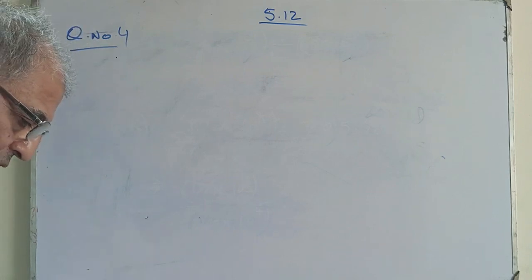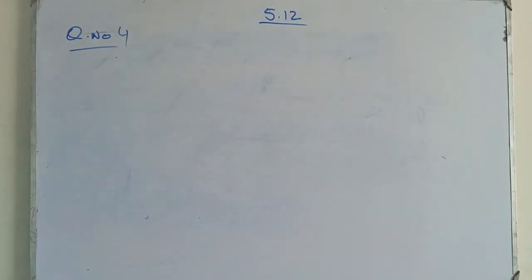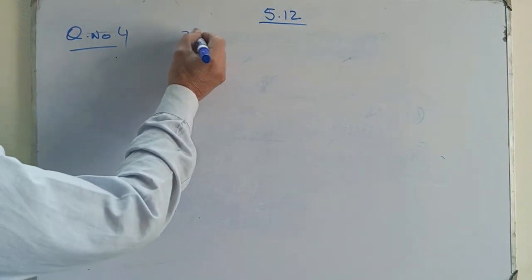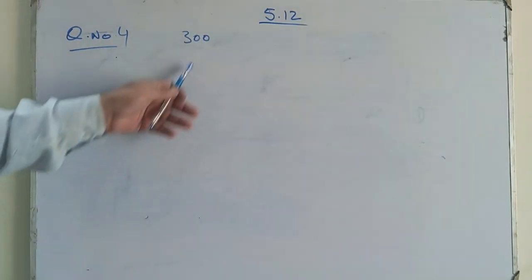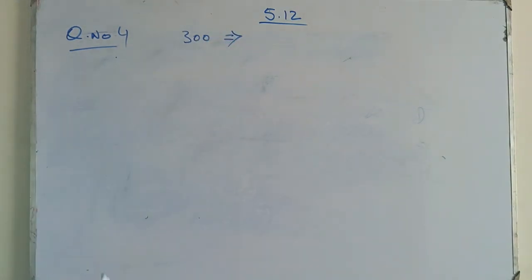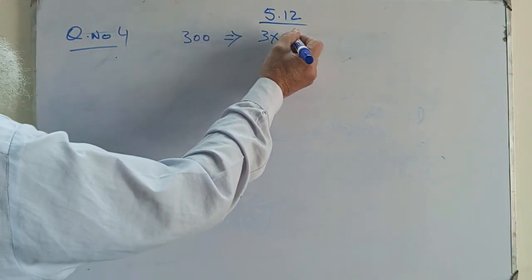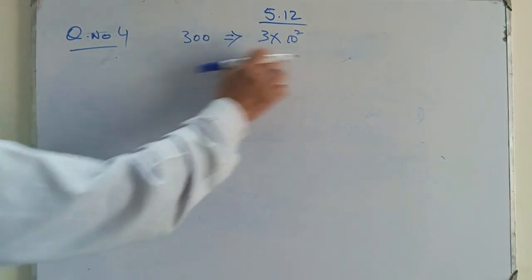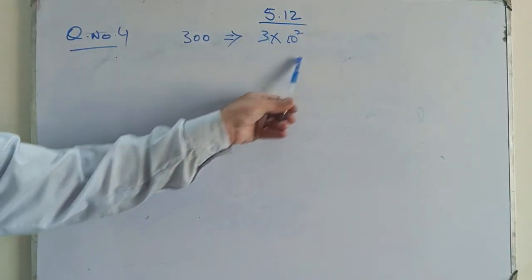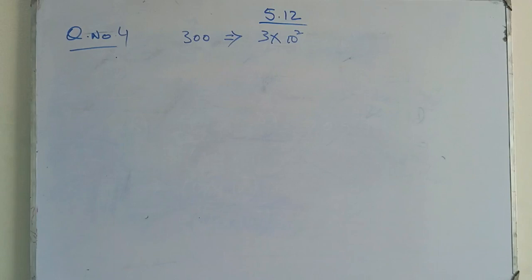Simplify each of the following leaving your answer in standard form. You have to leave the answer in standard form, not in the regular form like this. Now this is simple form. If I write it in scientific notation or standard form, it will be written like this. So my dear students, let me attempt.